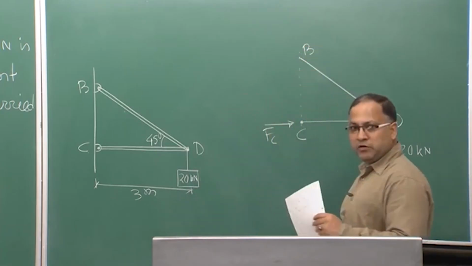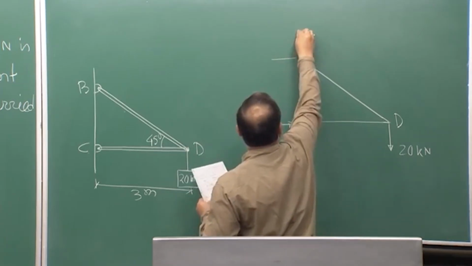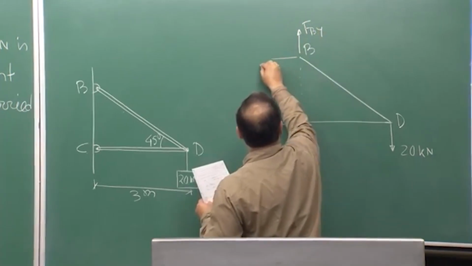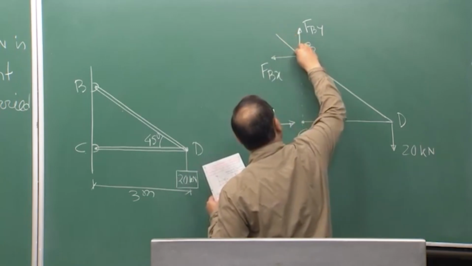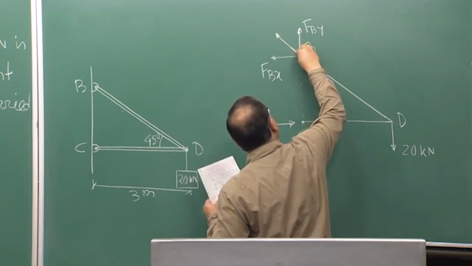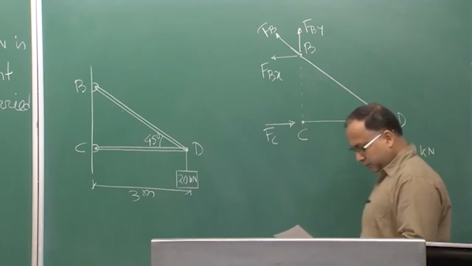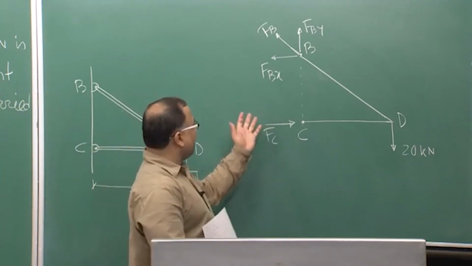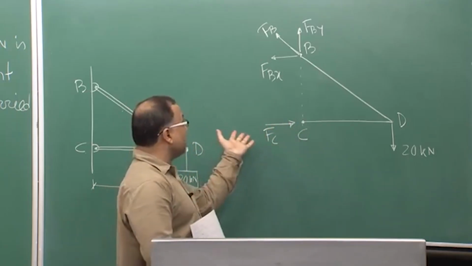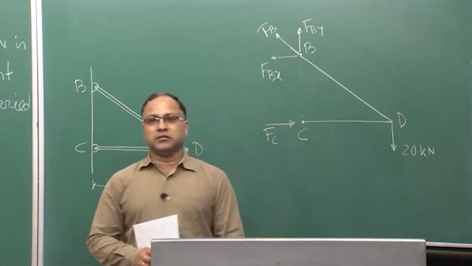Similar kind of problem we have solved earlier. So, you will be having the reactions FBY, FBX, and this will be the resultant FB. Now, for the sake of completeness, we can discuss why we have considered FC in the horizontal direction and FB along the member BD.